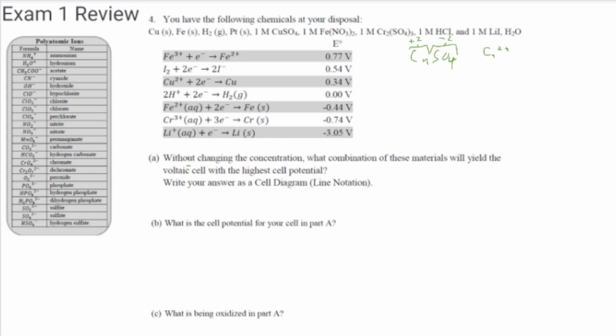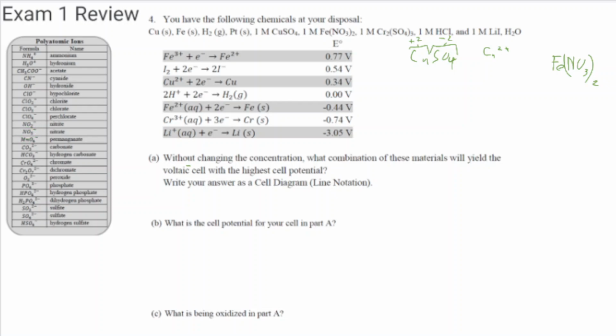So if we look at the iron nitrate, I'm going to work this one out as well. And then for the other ones, I'll probably just write down what they are. For the iron nitrate, if we look at our NO3, when you look at our polyatomic ion sheet again, we find NO3 right here in the middle, and that has a negative on it. So that means it's a -1 charge.